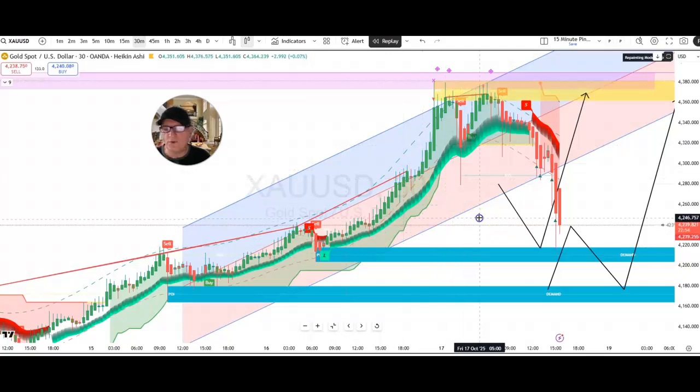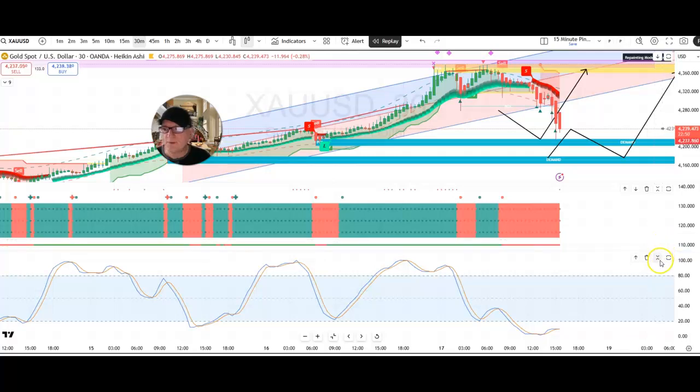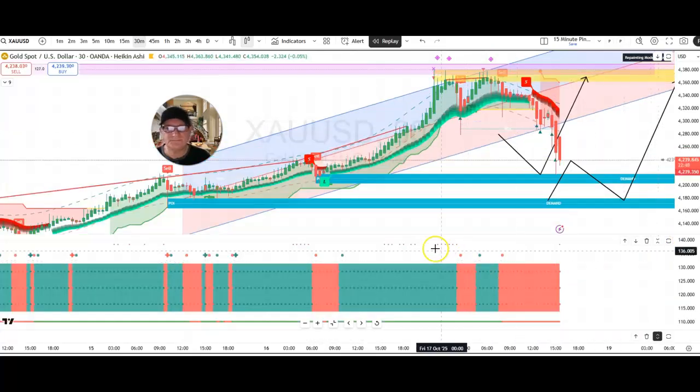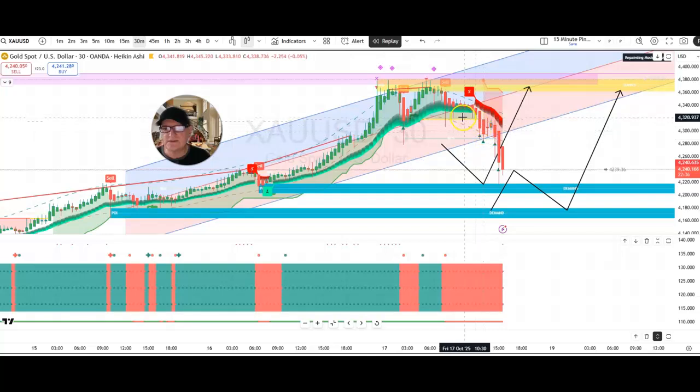What we want to know is, is everything green or is everything red? When everything is green, hold, hold, hold. And when everything is red, then sell, sell, sell.